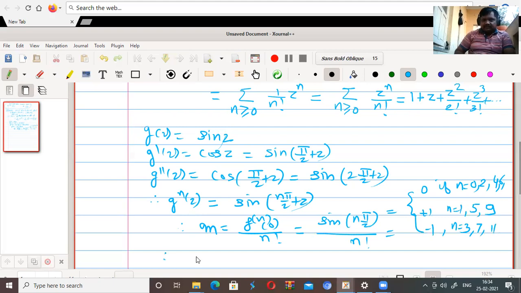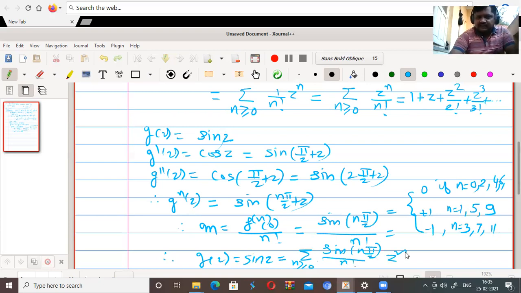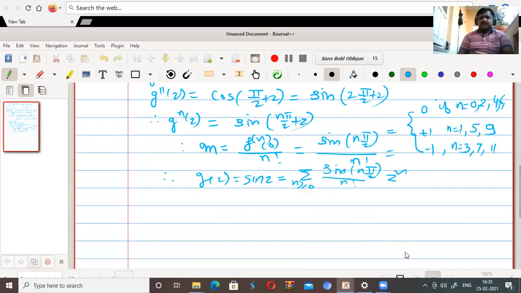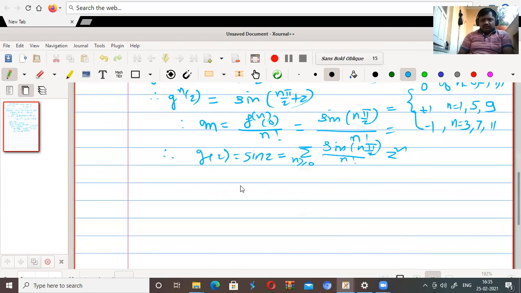And therefore, your g of z, that is sin z, is equal to summation n greater than or equal to 0 of sin n pi by 2 upon n factorial into z raised to n. Now, for n equal to 0, sin 0 is 0, so the first term becomes 0.